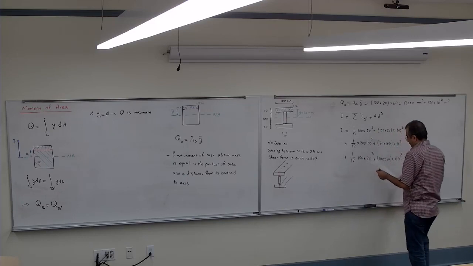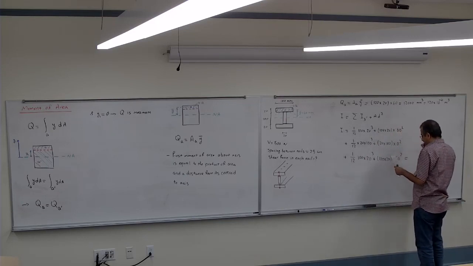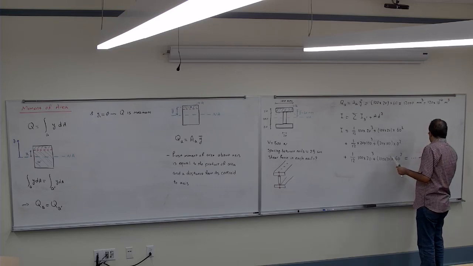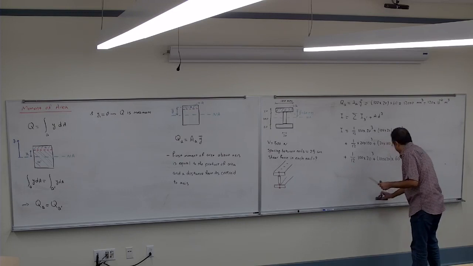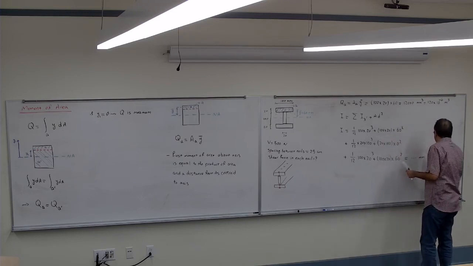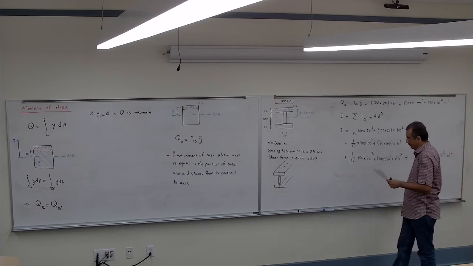If you calculate it, it comes out as 1620 times 10 to negative 6 meter to the 4.